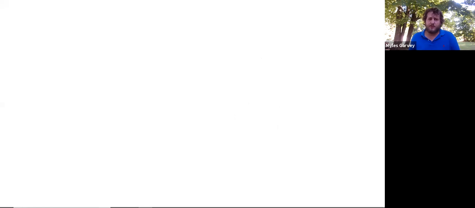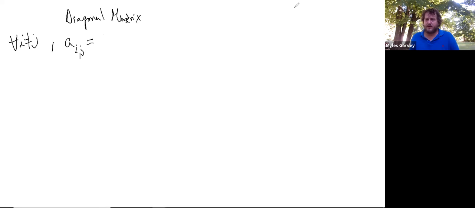For example, we may have a diagonal matrix, which is a big type of matrix in the sense that we use them quite often. A diagonal matrix is a matrix such that Aij is equal to 0 for all i not equal to j. If we have that, then we have what's called a diagonal matrix.